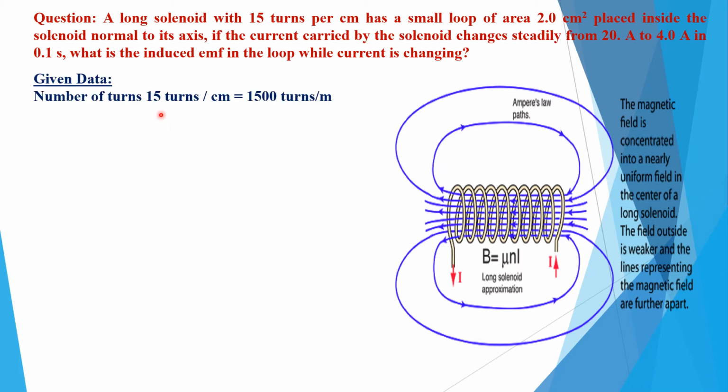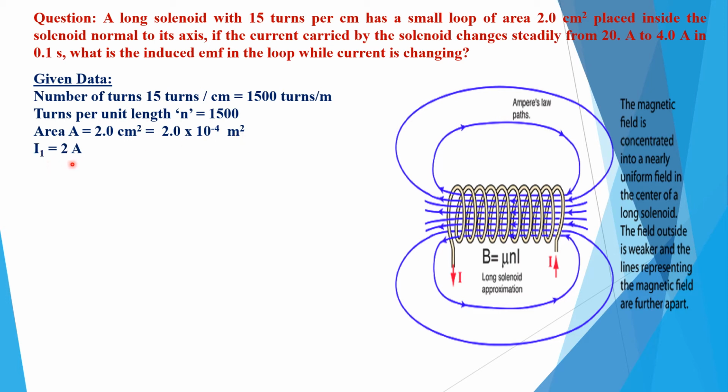Number of turns is 15 turns per centimeter, that is equal to 1500 turns per meter. Turns per unit length is equal to 1500. And area A is equal to 2 centimeter square, that is equal to 2 exponent minus 4 meter square.